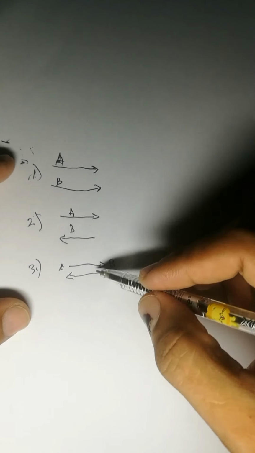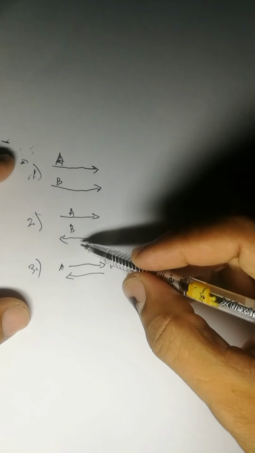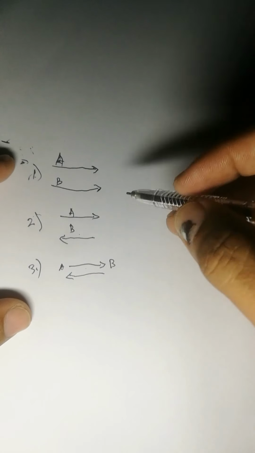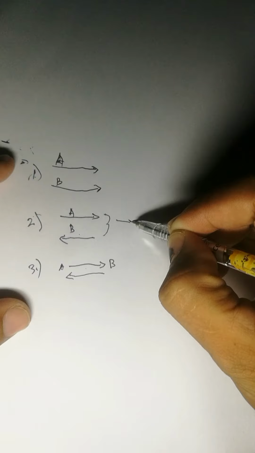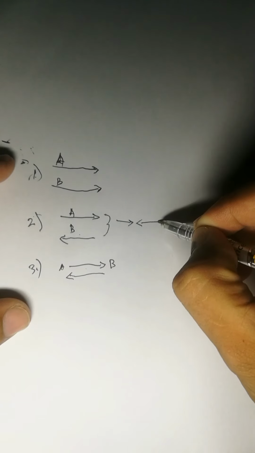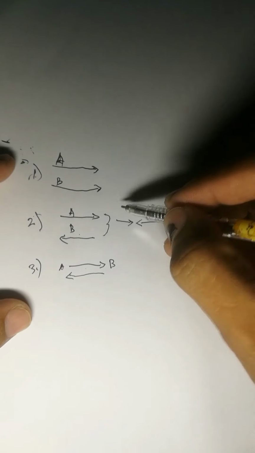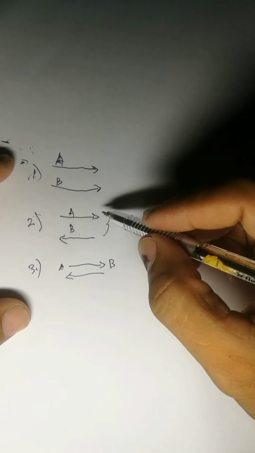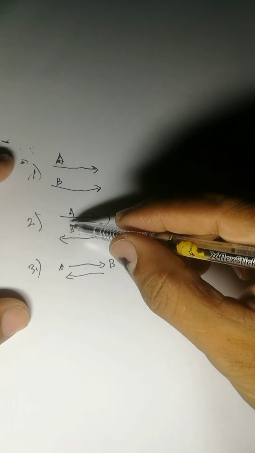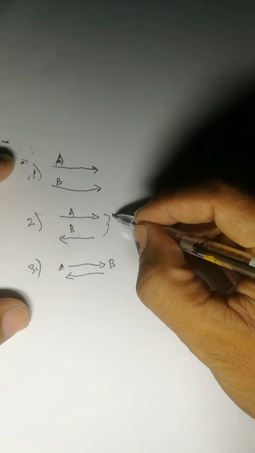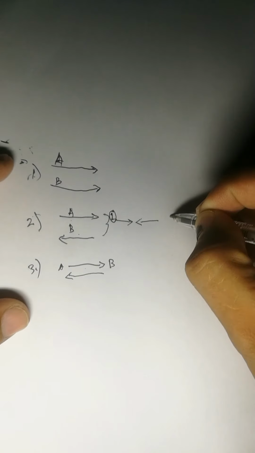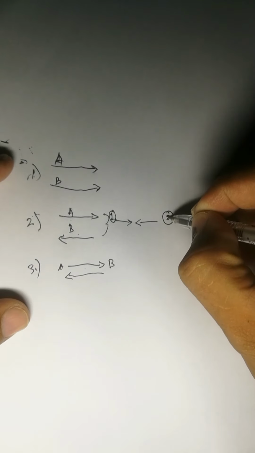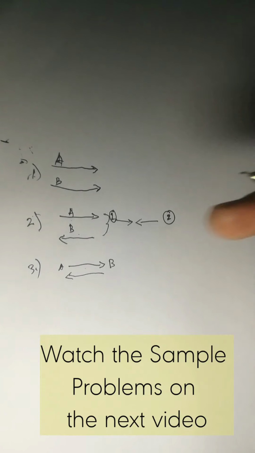So you will see the illustrations in 2 and 3 seem the same, so we will change this. We can write it like this one, facing each other. Since we use A and B as objects, we can use from point 1 to point 2, and they are facing each other.